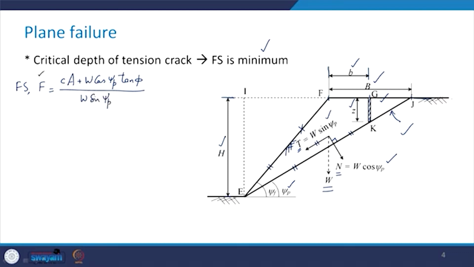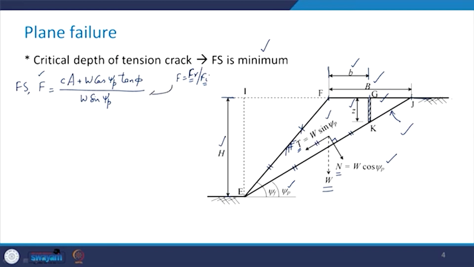This is nothing but the simple expression that we had in the earlier class, that is F was equal to Fr upon Fi. Fr was the resisting force and Fi was the force which was inducing the sliding.